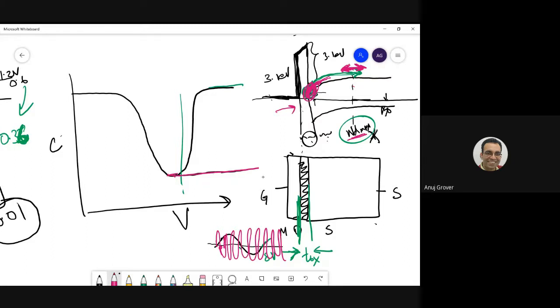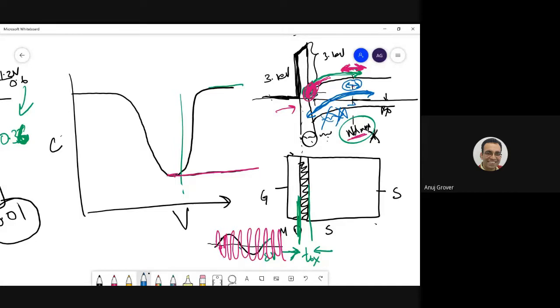Let us say that this arrow length represents movement of electrons, the time it takes to move the electrons. At low frequency, I am able to traverse this trajectory in every cycle. At high frequency, I have only this much of time available to me. I have no mobile carriers in this region, so this arrow cannot go anywhere here.